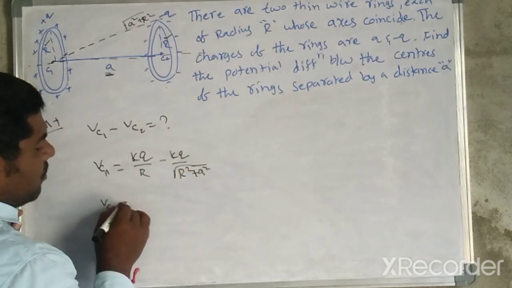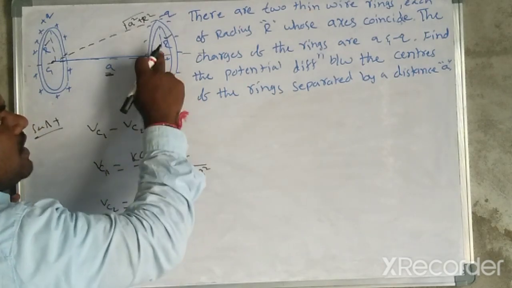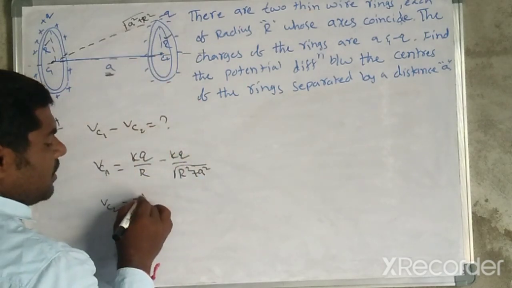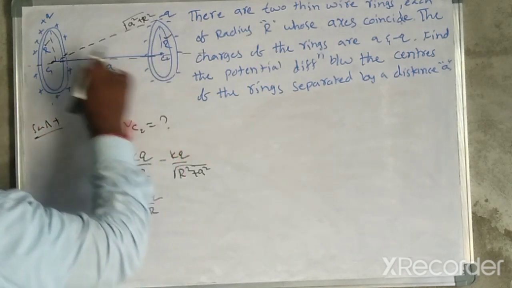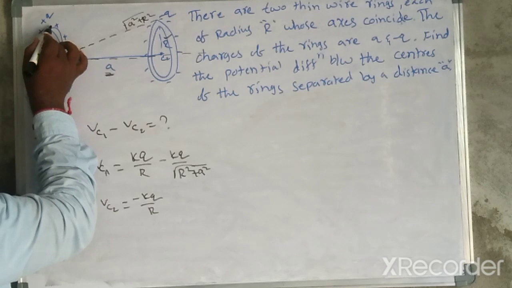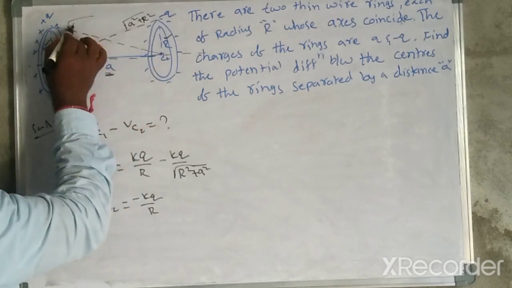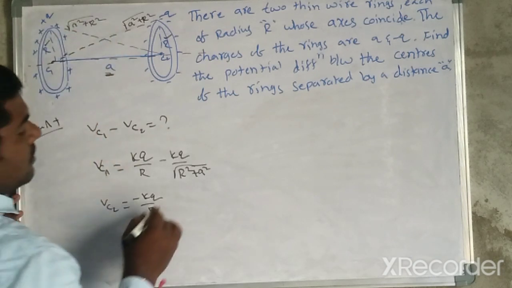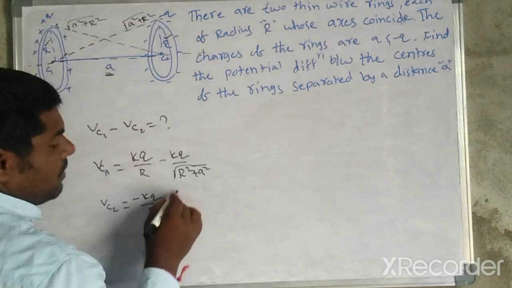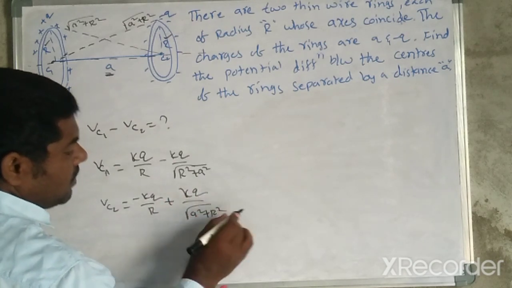Similarly, VC2 is equal to, it's this ring's center potential, minus KQ by capital R. Due to this ring, here the distance also same, A square plus R square. Here the positive charge, plus KQ divided by under root of A square plus R square.